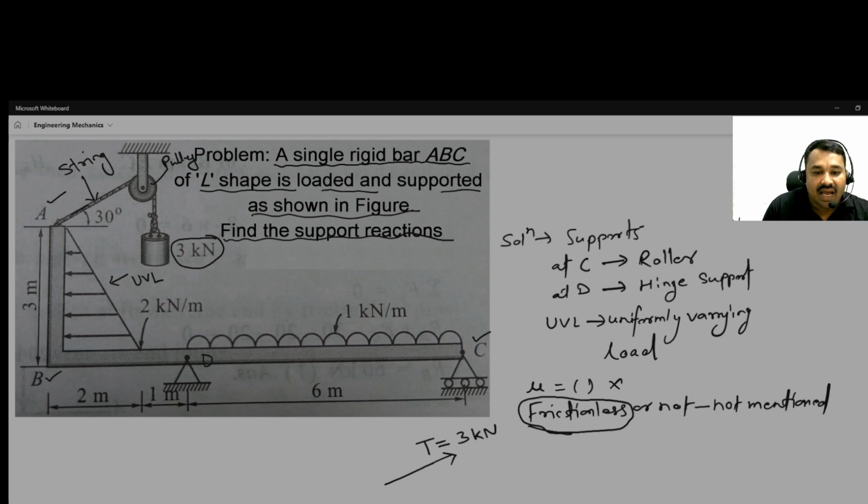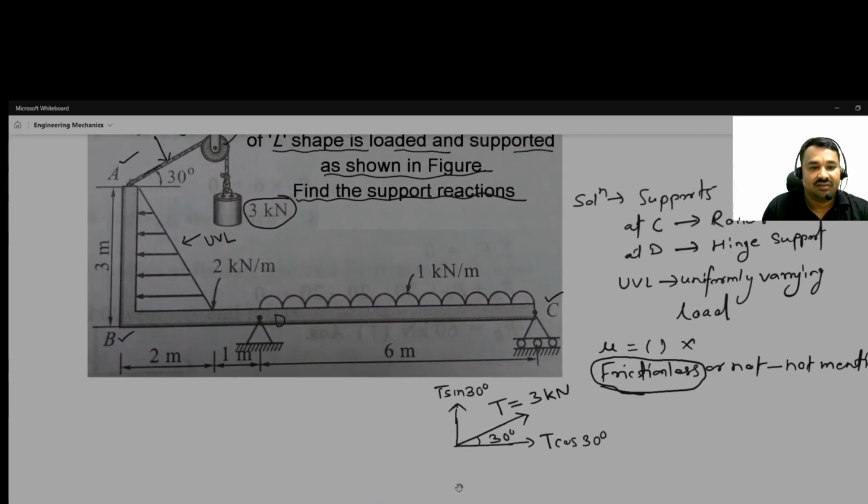And the angle is already given, this theta degree. So we need to resolve the force. So this will be T cos theta degree, and this is T sin theta degree.